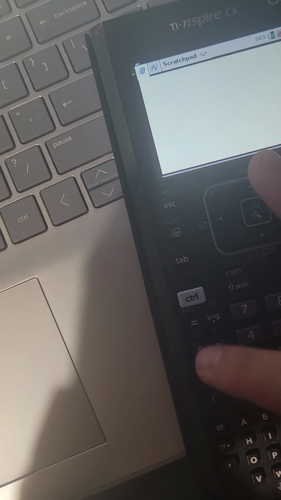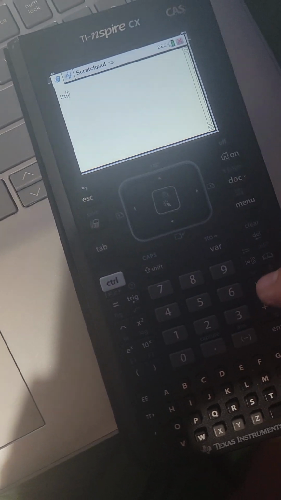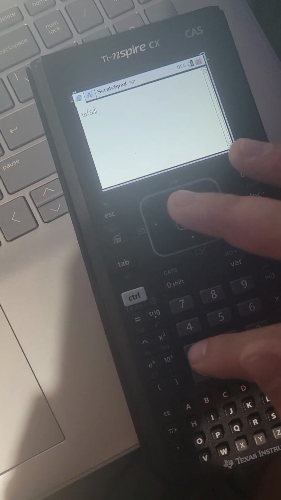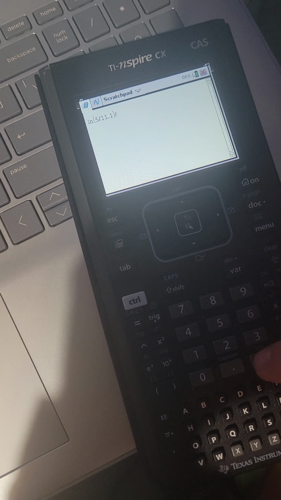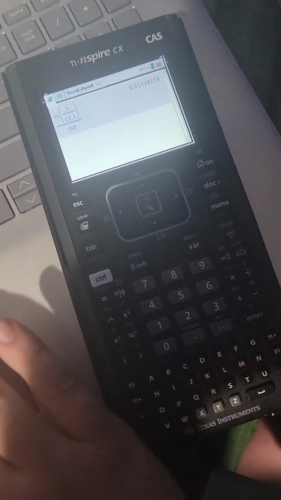So k equals, on the calculator, ln of 5 divided by 11.1, in parentheses, divided by negative 60. This gives k equals 0.013.